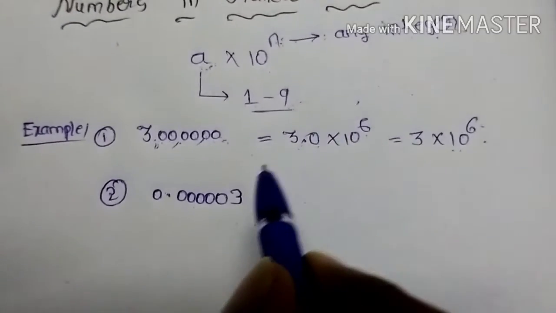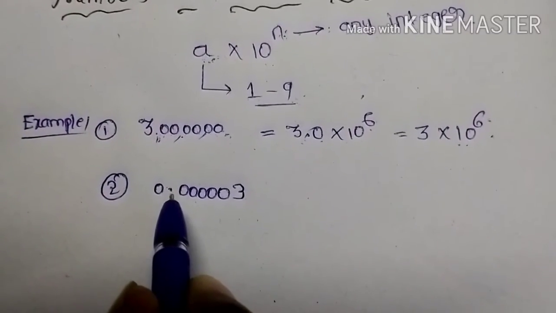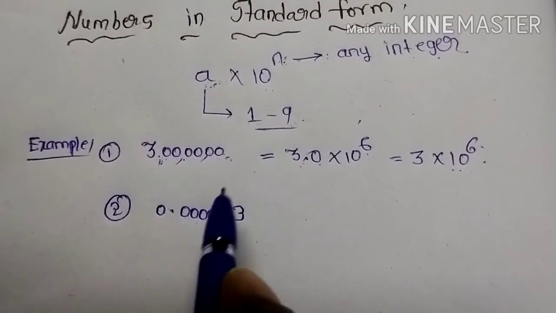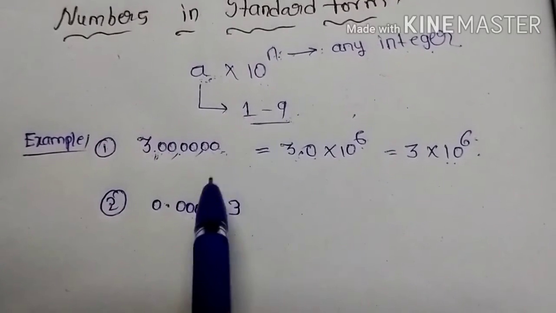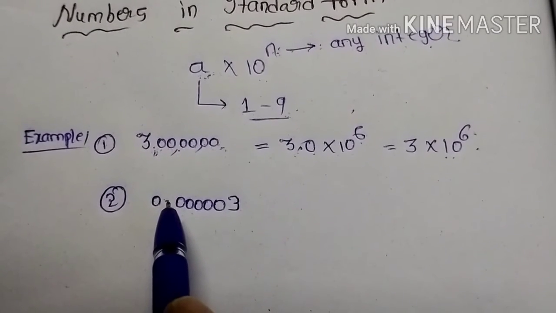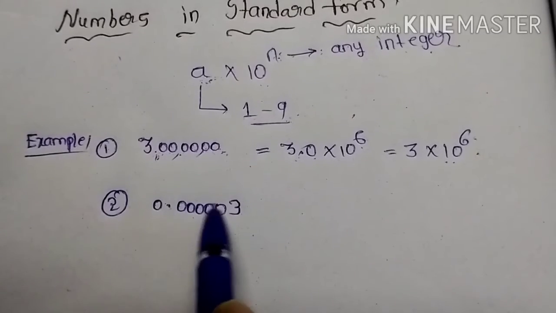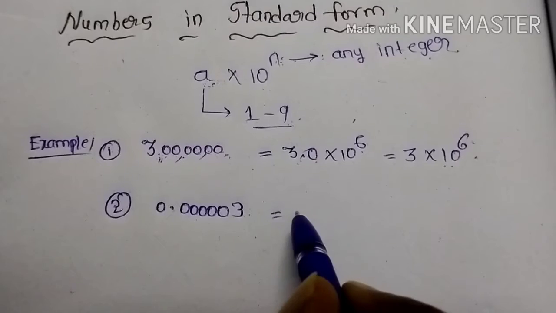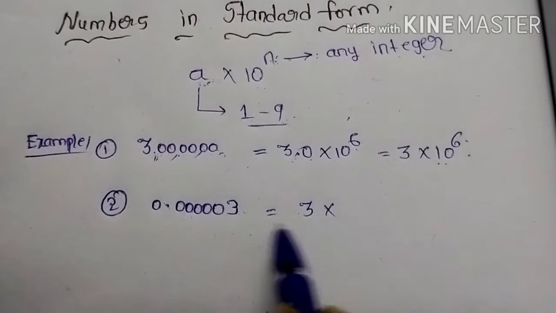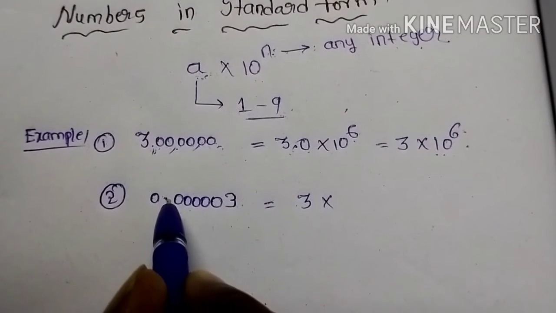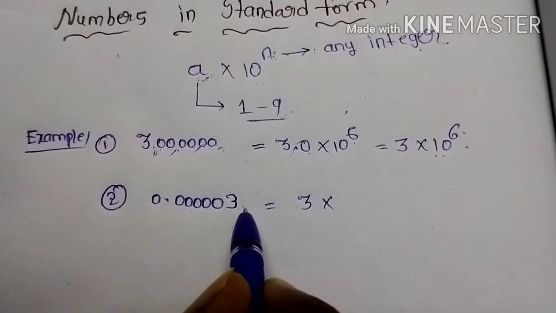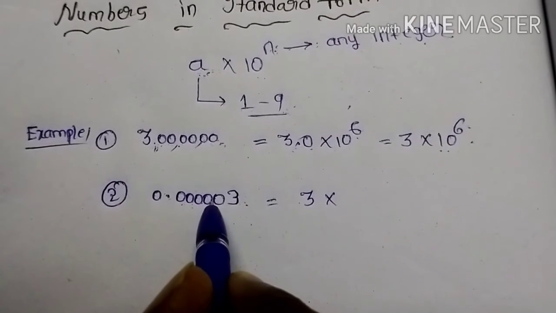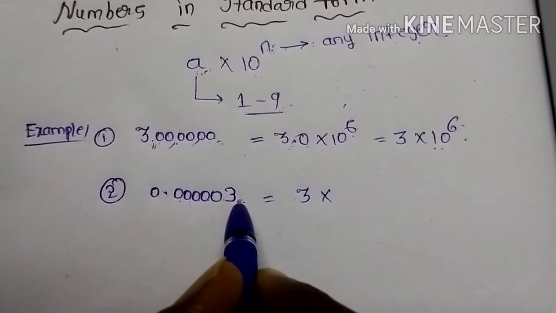Yes. In another problem, the decimal point is available here. In our standard form you can represent 1 to 9 only. If I am taking 3, you need to move this decimal point to the right hand side up to here. How many places does it move to the right? 1, 2, 3, 4, 5, 6 places.